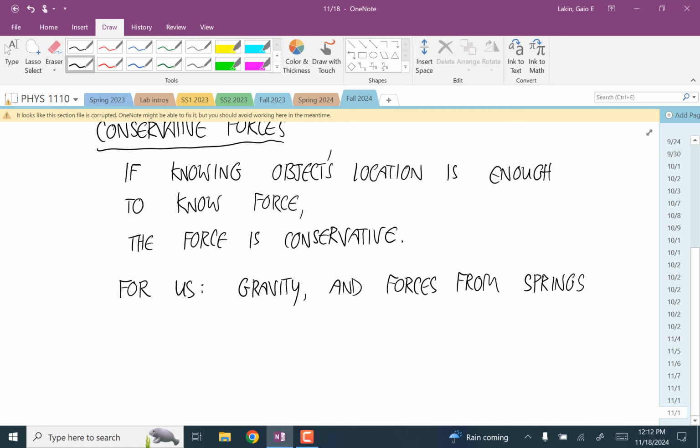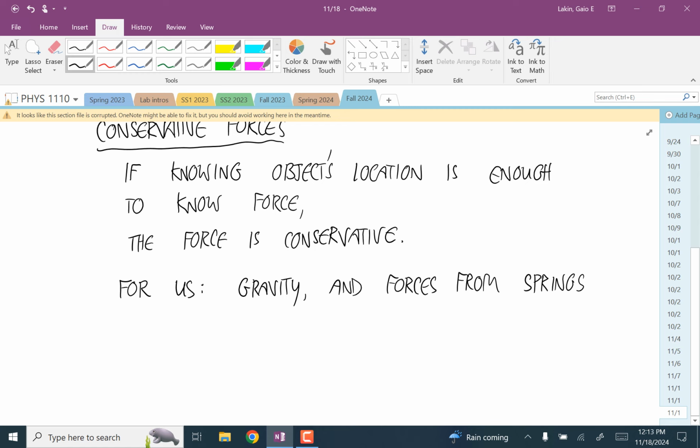So if I stretched it, moved it a couple times and then moved it here, and then separately I stretched it to here, and then moved it to here, the fact that it's at the same location means that that force is going to be the same in both instances. So it doesn't matter what the path was that I took to get there. The location tells me what that force is. Okay?